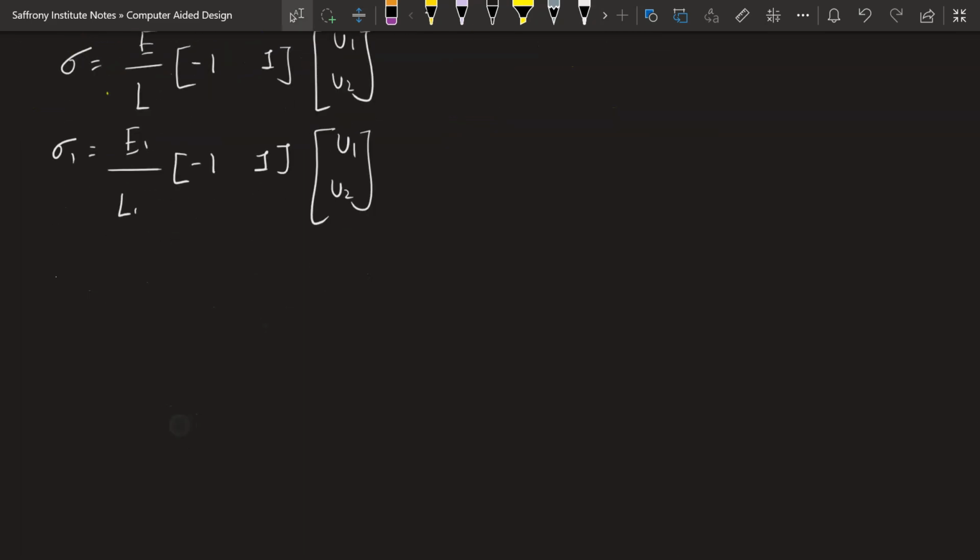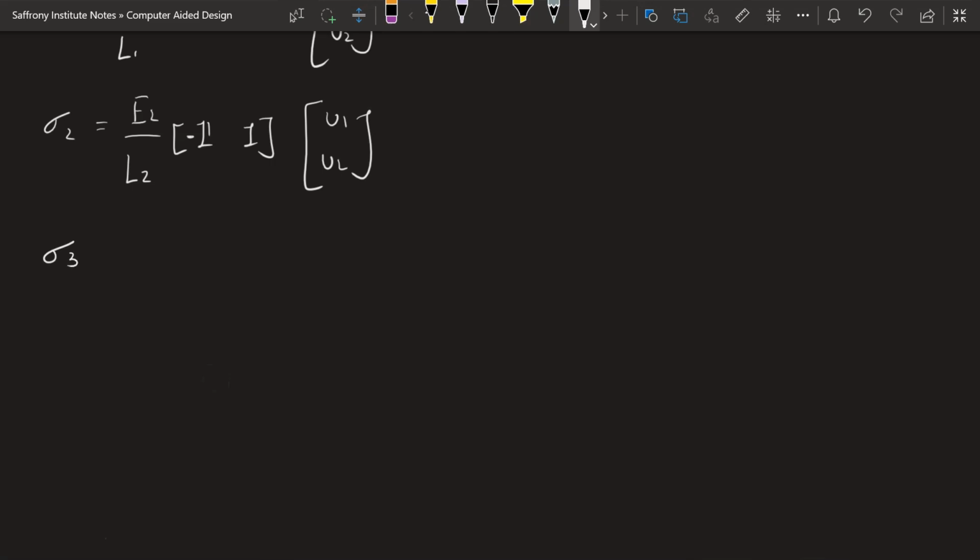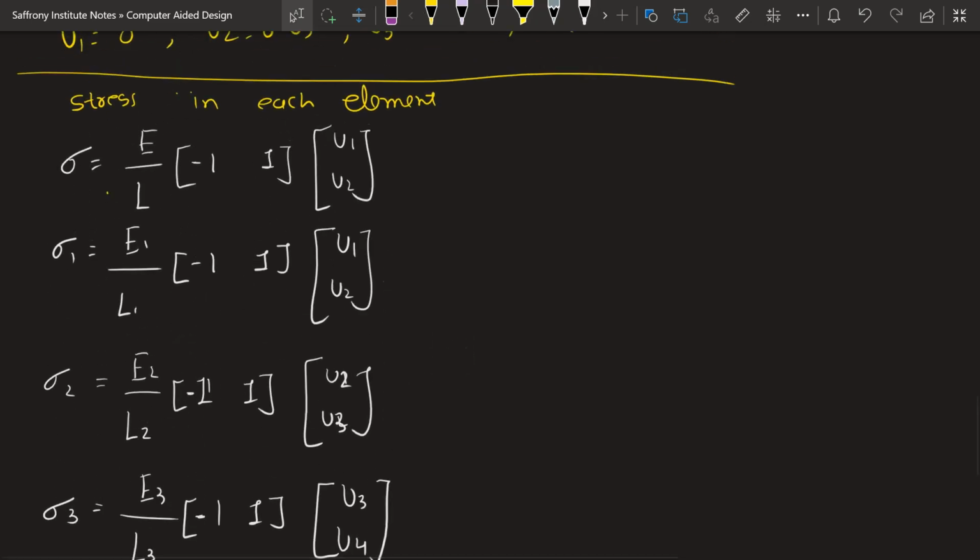Further, sigma 2 is E2 by L2 into [minus 1, 1] with U2 and U3, and similarly for the third element, sigma 3 is E3 by L3 into [minus 1, 1] with U3 and U4, because it has the extreme edges of both.